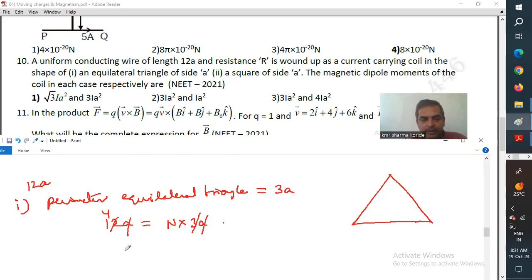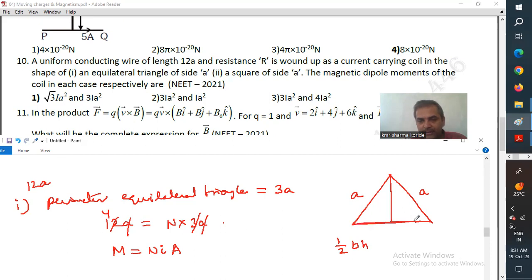Then next, so get back the magnetic moment formula. M is equal to number of turns, current, and area. So we need to get the area of the equilateral triangle. So let us say side is A. Area of the equilateral triangle is half into base into height.